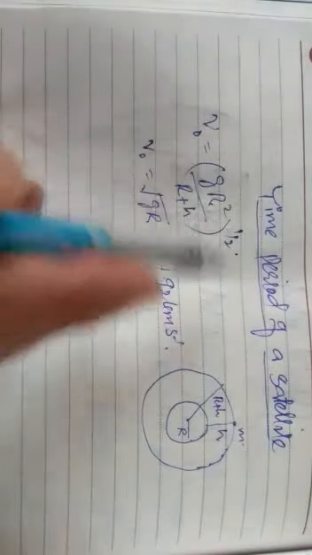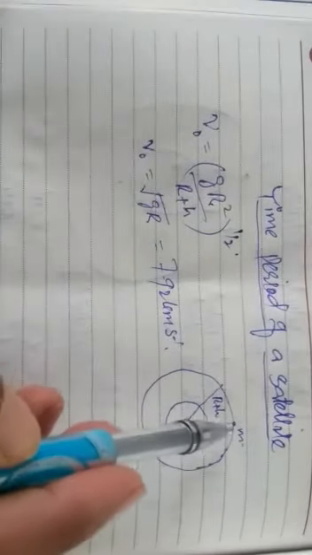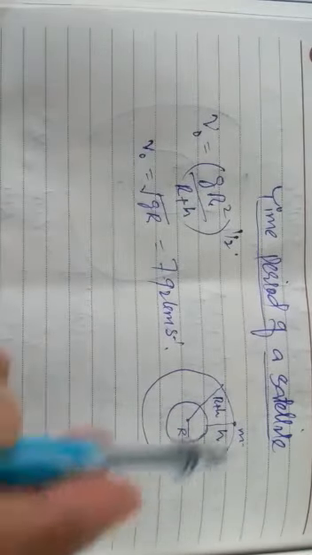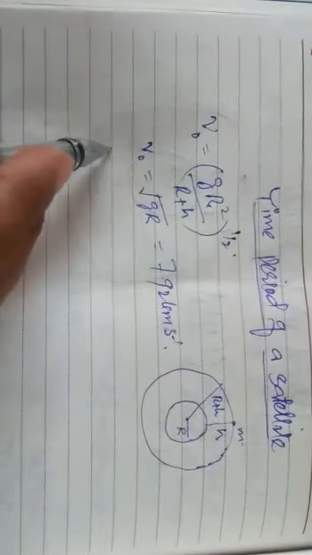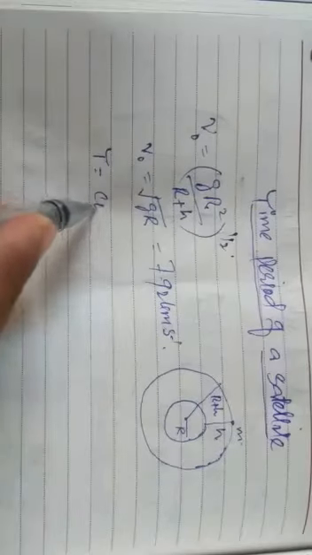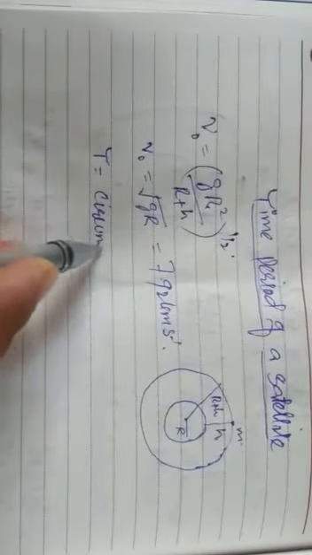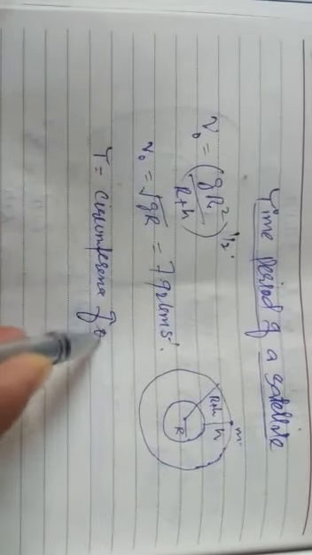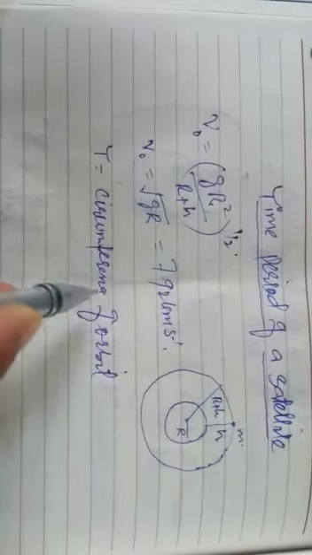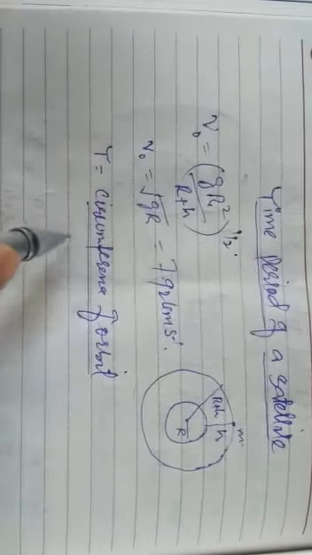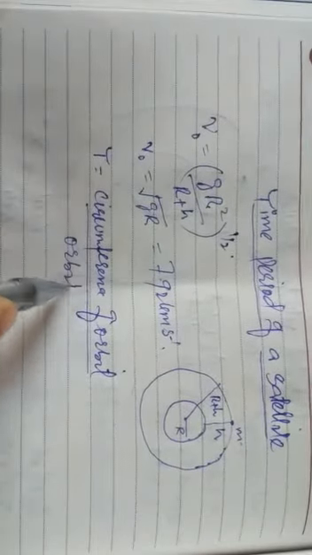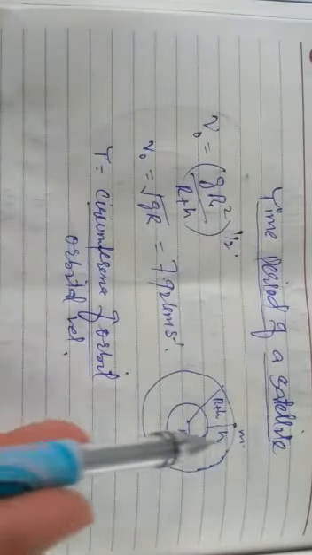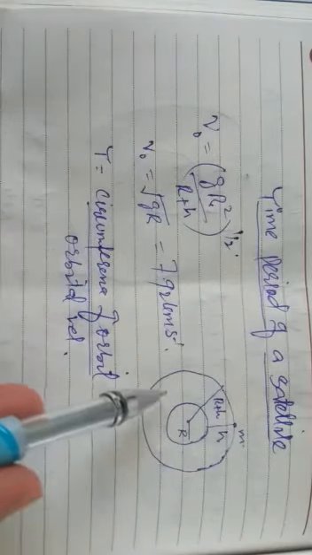Now today our topic is time period of a satellite. What is time period? Time period is the time taken by a satellite to complete one revolution around the Earth. That's called the time period. So simply, the time period equals the circumference of the orbit over the orbital velocity.